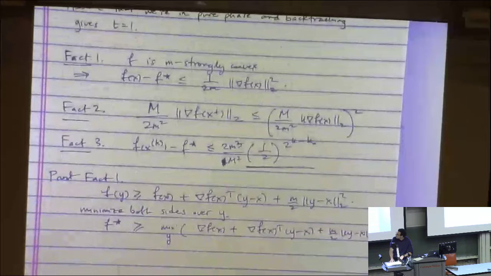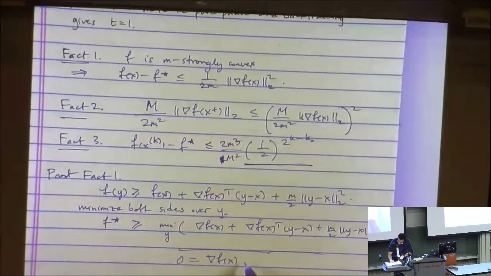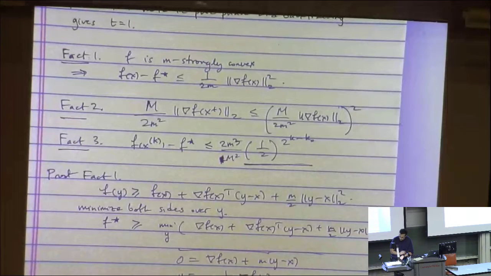So what I would do is take the gradient and set it equal to 0. So 0 equals grad f of x plus m times y minus x. And the value of y that minimizes this right-hand side is therefore x minus 1 over m times the gradient of f at x.